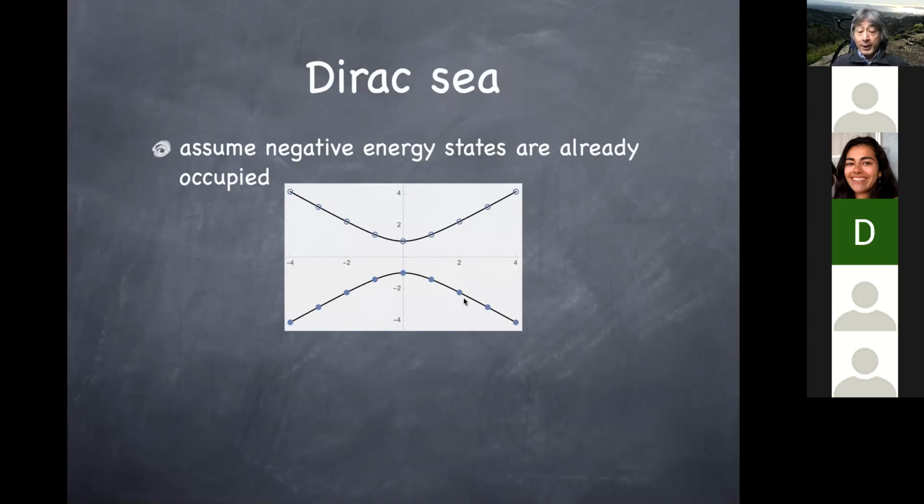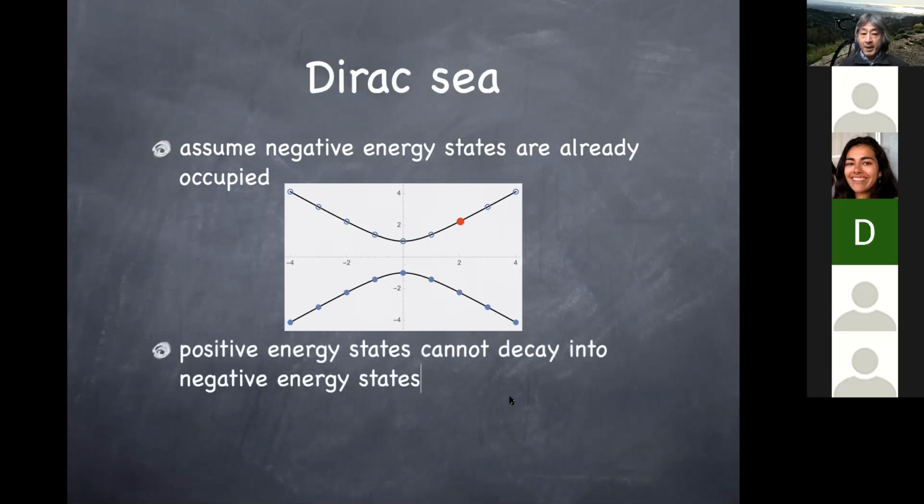But that solution came with a cost, because now, in order to make this positive energy solution stable, you have to occupy all of these negative energy states. He wanted to come up with a single particle Schrödinger equation made relativistic. But now it doesn't allow for such a simple interpretation, because now you have these infinite particles occupying the negative energy sea, as he called it.